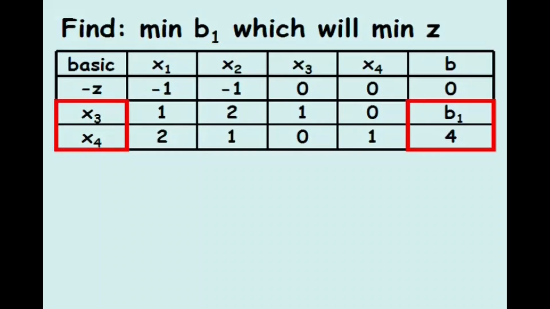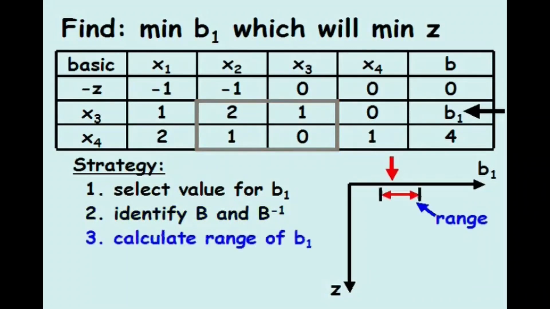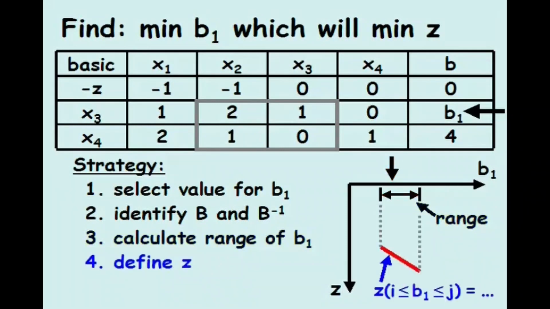From here, our strategy will be to select a value of b1, solve the problem for x to identify the optimal basis B and its inverse, B inverse. Step 3 is to calculate the range of b1 values for which the basis B is feasible. And the fourth step is to define the objective function value, z, for that specific range of b1.